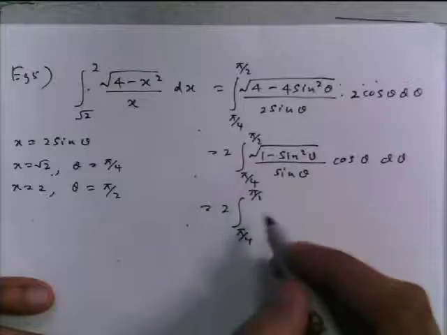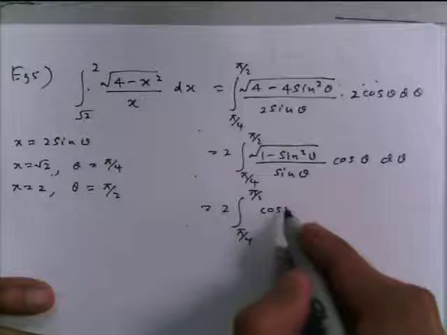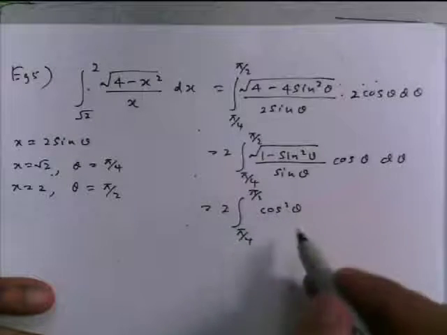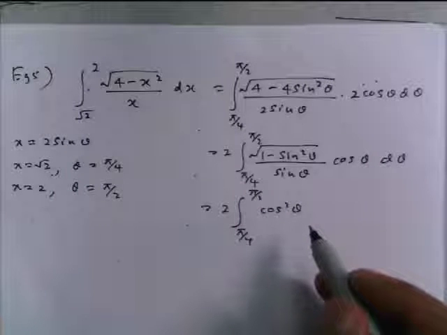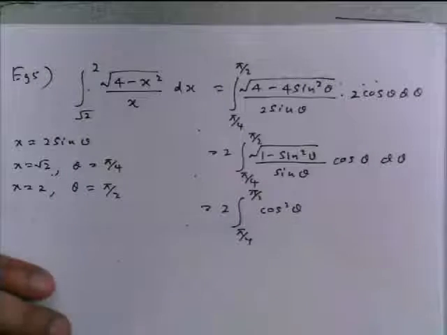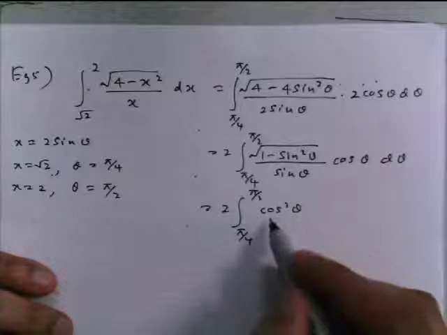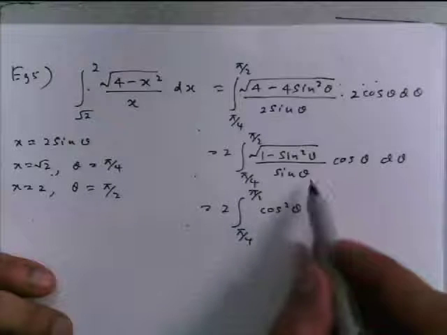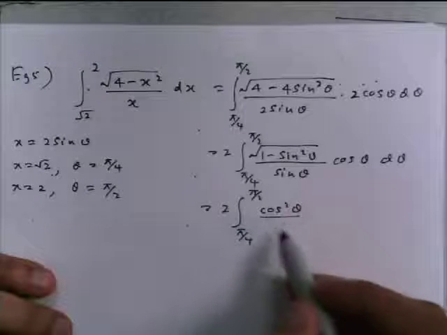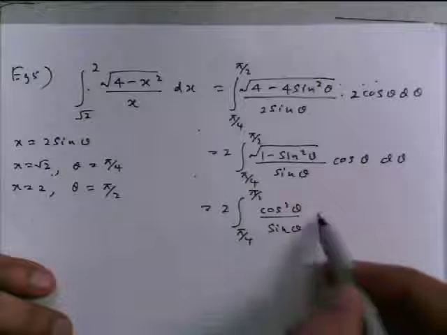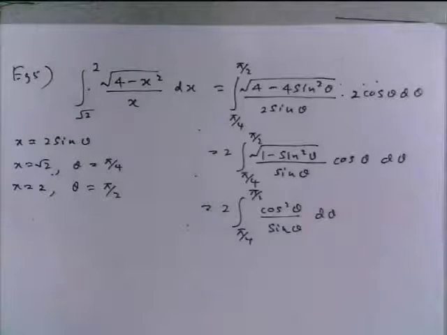This is a cosine theta, so you're going to get cosine squared theta. Is that right? Cosine squared theta, divided by sine theta, okay?